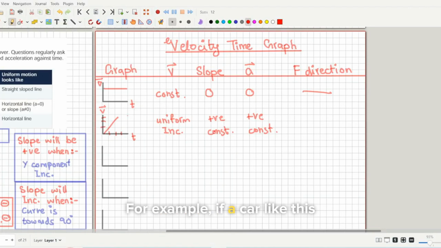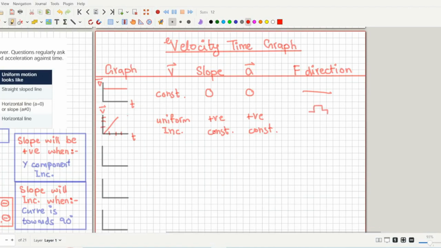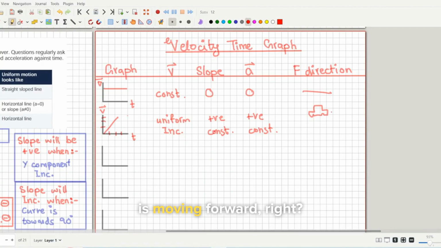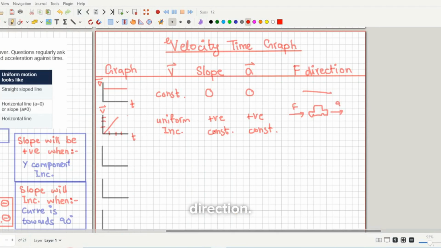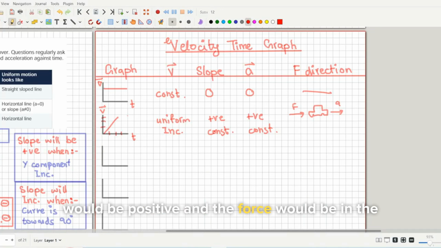For example, if a car like this is moving forward, right, and you apply force in the direction of motion of the car, then the acceleration would be in the same direction. In this situation, the acceleration would be positive and the force would be in the direction of motion.